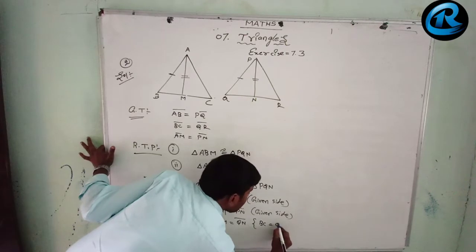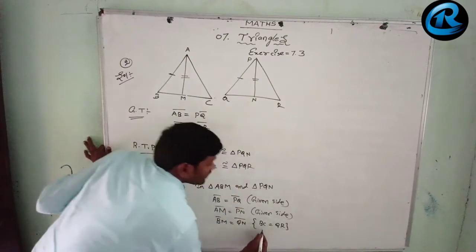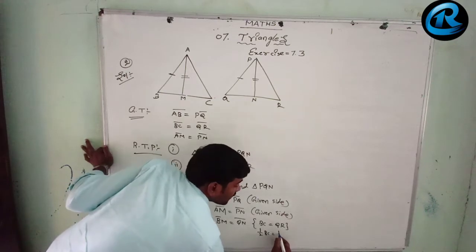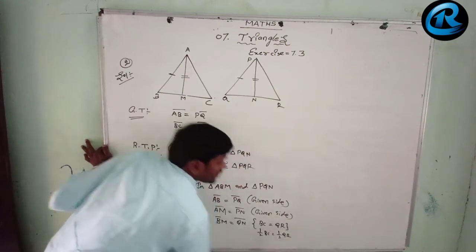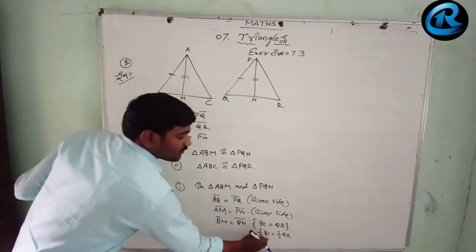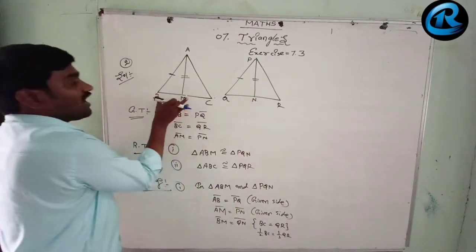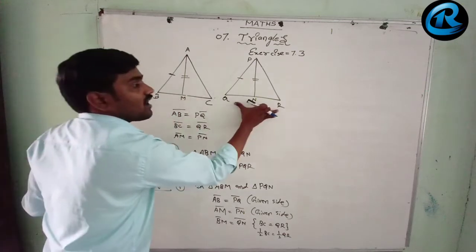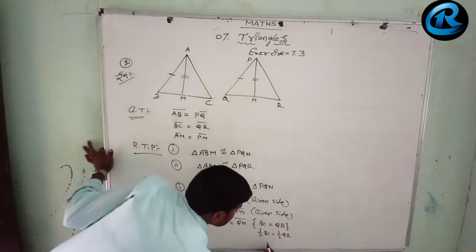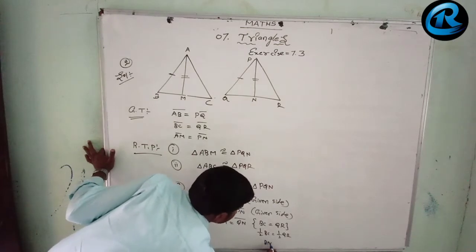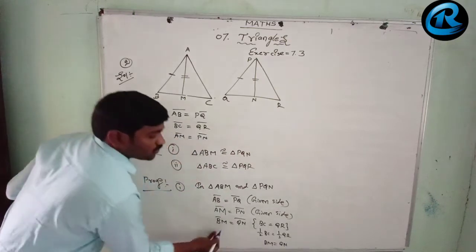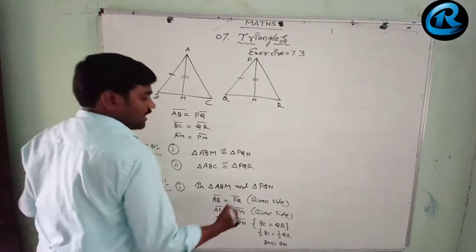Divide by 2 on both sides. 1 by 2 BC equal to 1 by 2 QR. Half of BC is BM. Half of QR is equal to QN. So here BM is equal to QN. That's why I wrote that these two are equal.